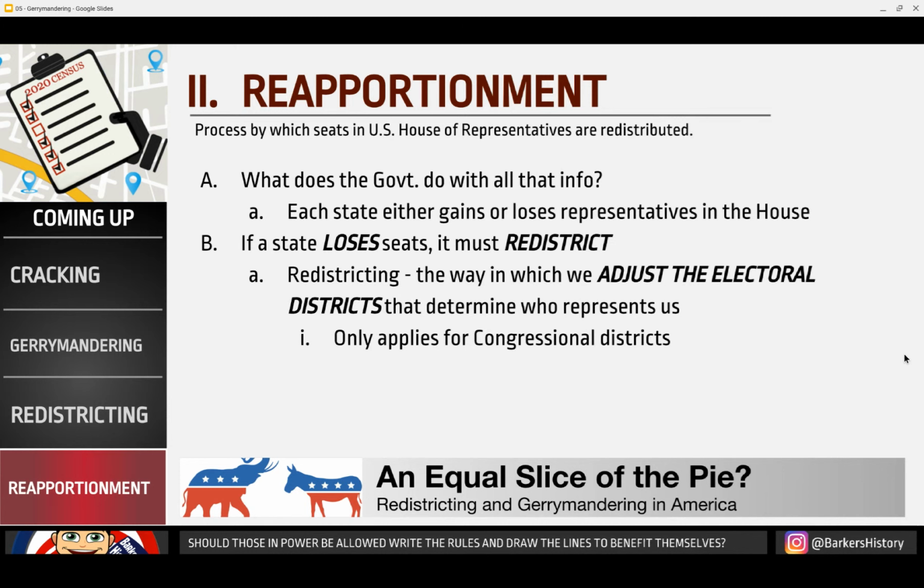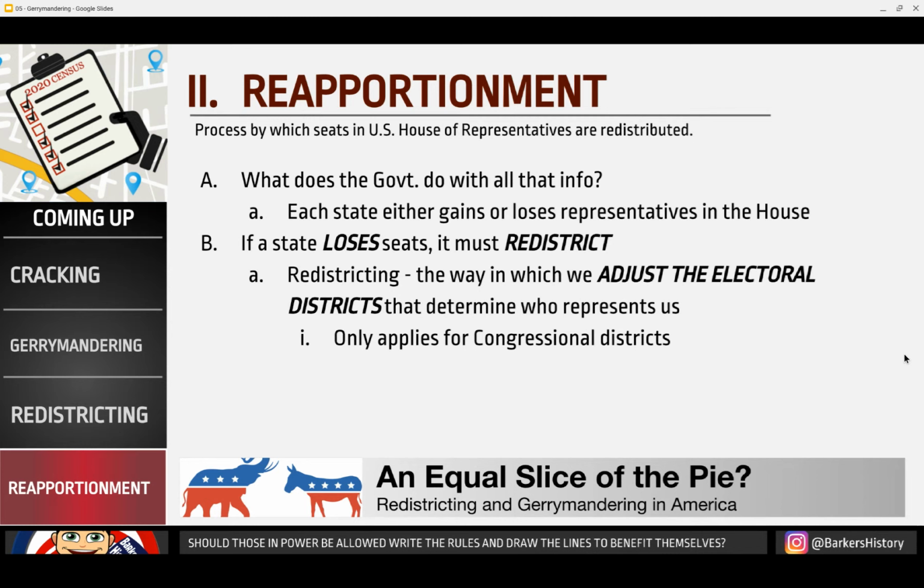And when it does, it must do something called redistricting, which means it has to actually draw these lines of where a congressional district is, where those members of the House of Representatives are going to represent. Because in the Senate, the senators represent the entire state. But in the House of Representatives, they represent just a portion of your state.